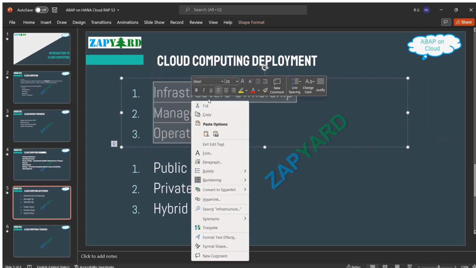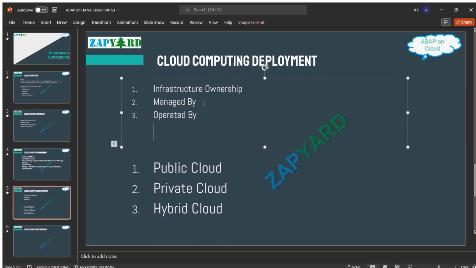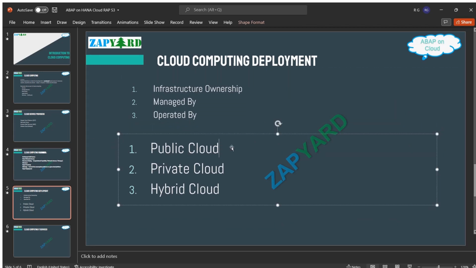So let us try to understand the three kinds of deployment strategies. In public cloud, who owns is something which we need to understand. In public cloud, the service provisioned through the cloud computing platform is owned by the cloud service provider.